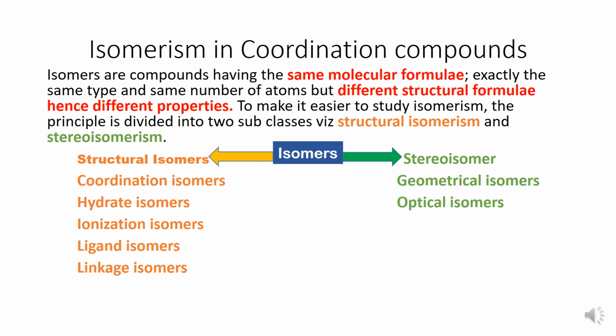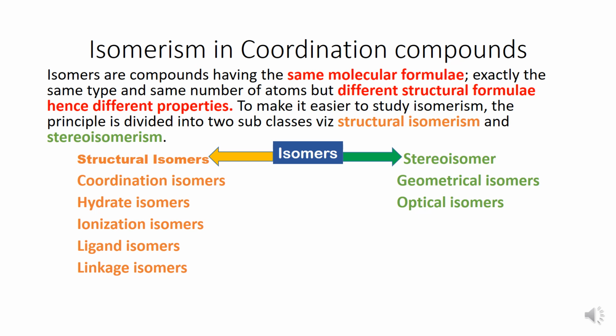By definition, we can say that isomers are compounds that have the same molecular formulae. By the same molecular formulae, we mean the same type and the same number of atoms, but structurally connected in a different way.